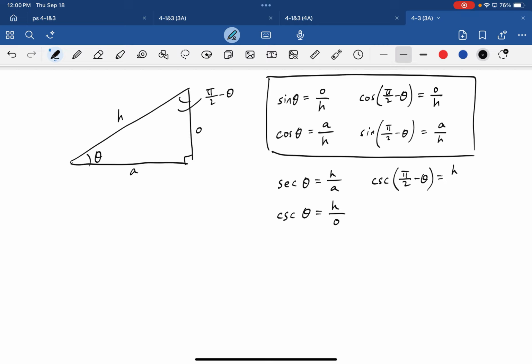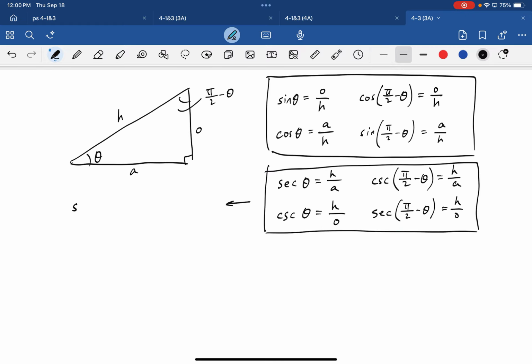Very good, H over A, because it's 1 over sine of pi over 2 minus theta. And similarly, secant of pi over 2 minus theta is H over O. So this allows us to establish our second relationship, which is that secant theta is equal to cosecant of pi over 2 minus theta.